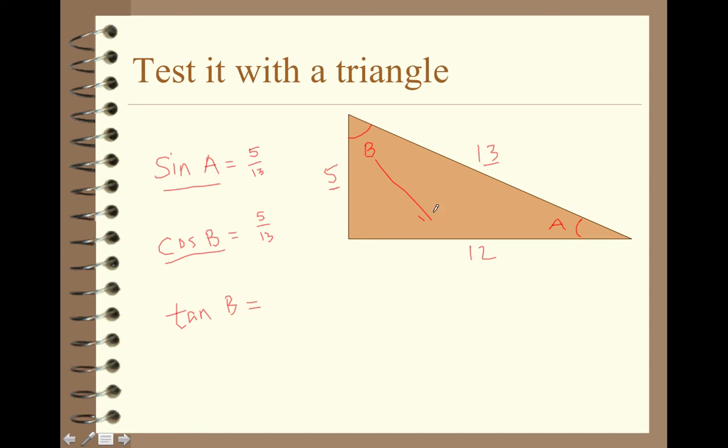For B, the opposite side is the 12, so 12 over the adjacent side, which is 5. So this is an improper fraction this time. So 12 over 5. Using these trig identities, it helps to go through each and every single one of these.